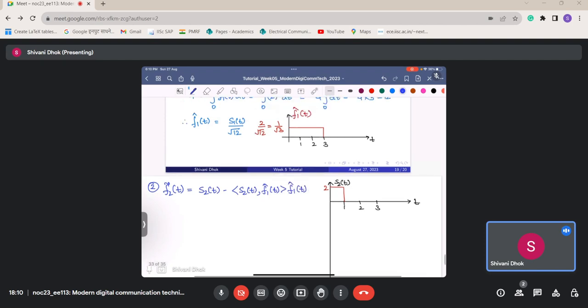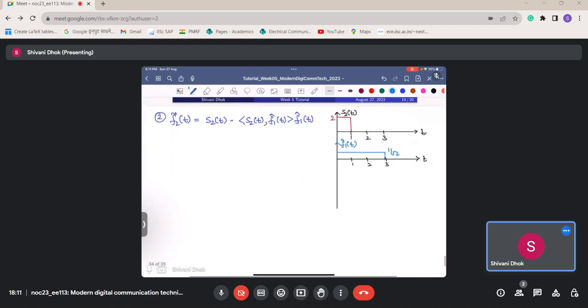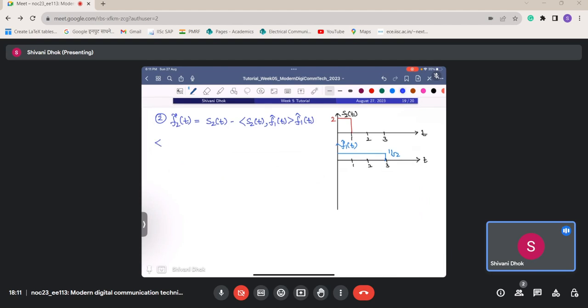Okay, so now let me draw this also. This is t, 1, 2, 3, and this is 1 by root 3, and this is simply f1 hat of t. This is what we are having. So now we need to find the inner product of f1 hat of t with s2t, and this will be equal to, this s2t is non-zero only for a range of 0 to 1.